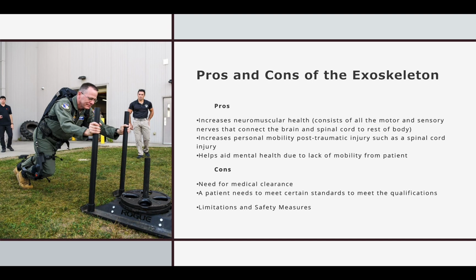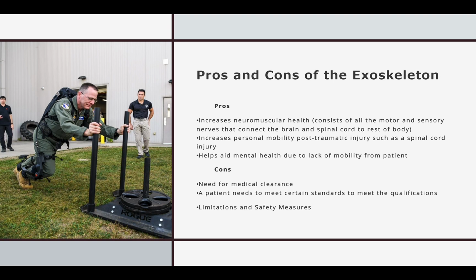So meeting those, depending on what type of prototype or exoskeleton, is pretty hard. And also something very simple like limitations and safety measures, just because we don't know much about the exoskeleton and everything is still in trial. So we don't know how far the exoskeleton can go in helping somebody out. So safety measures and limitations are a big reason why not a lot of people can try out the exoskeleton.